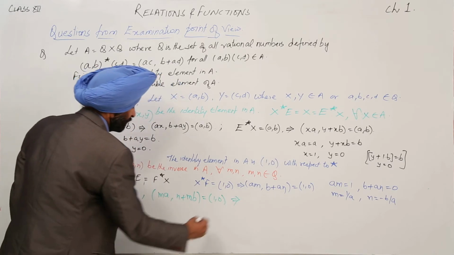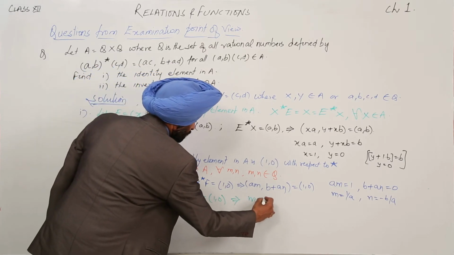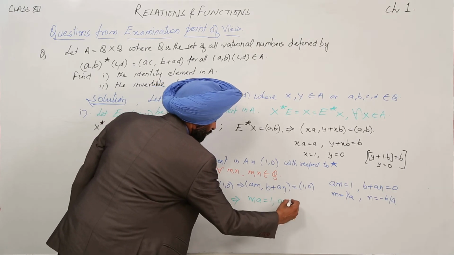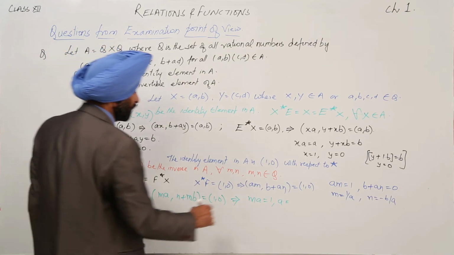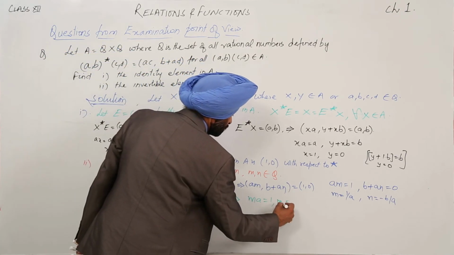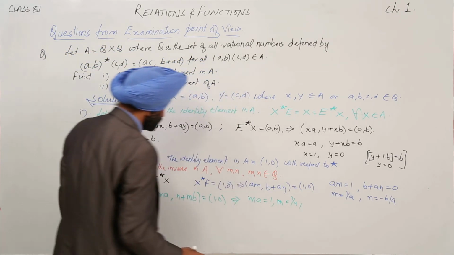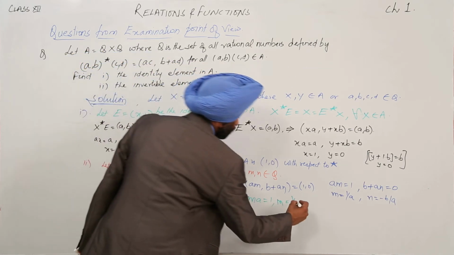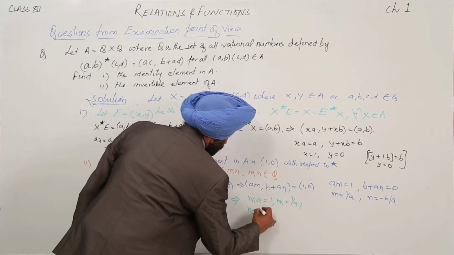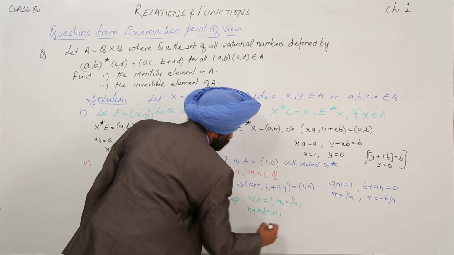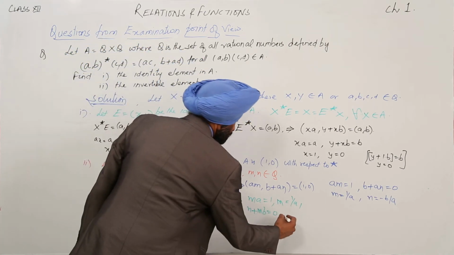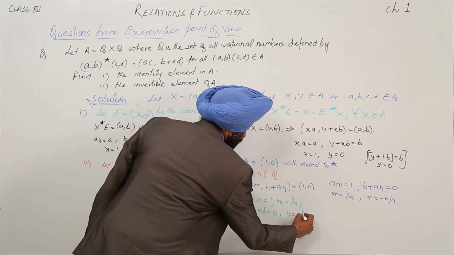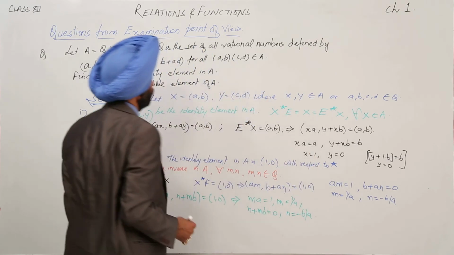Now let's solve it. ma is equal to 1, m is equal to 1 upon a. Similarly, n plus mb is equal to 0, and what n is, we are having the same, n is equal to minus b upon a.